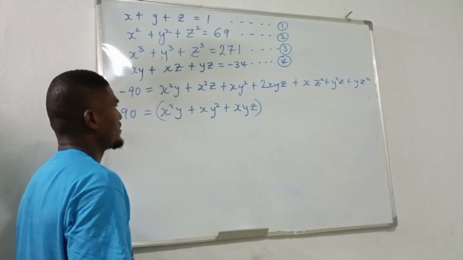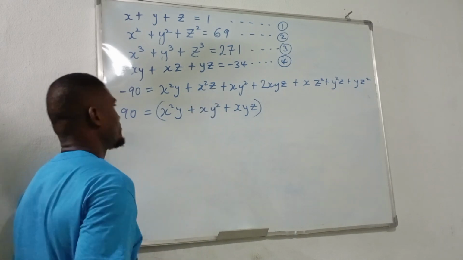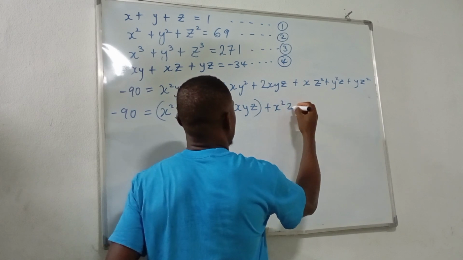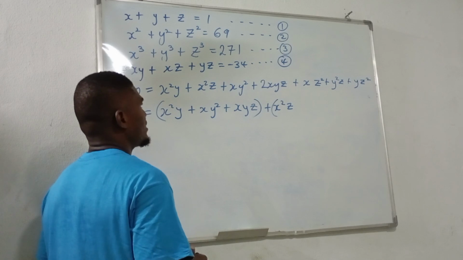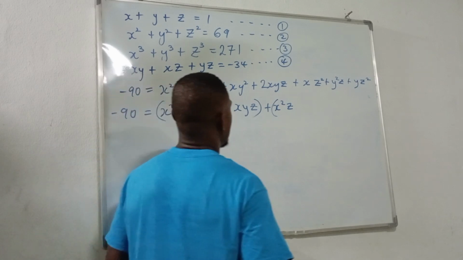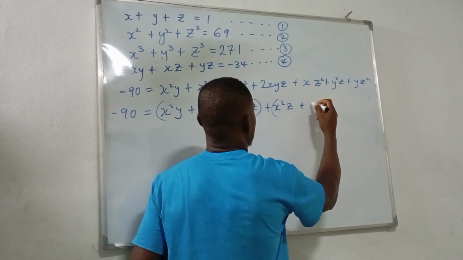Now the next one I'm going to take is the one that contains x and z. So the one that contains x and z, the first one that we have is this. So we have these as x and z. And then we have this that contains x and z.